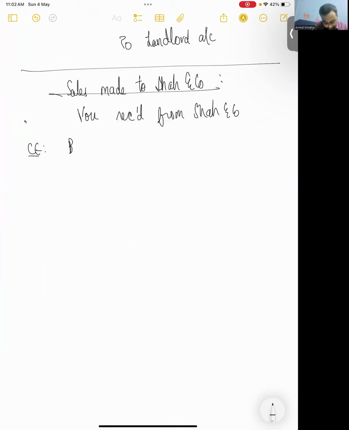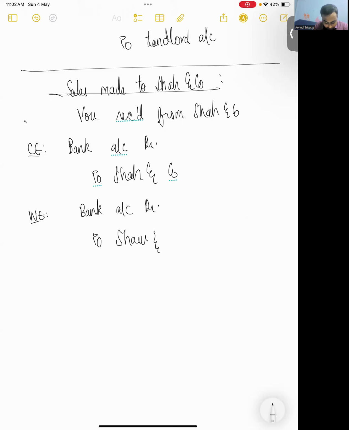Bank account debit to Shah and Co. What is the wrong entry that has been passed? Bank account debit to Shaw and Co. So when you're reversing the wrong entry, it will be Shaw and Co debit to bank.